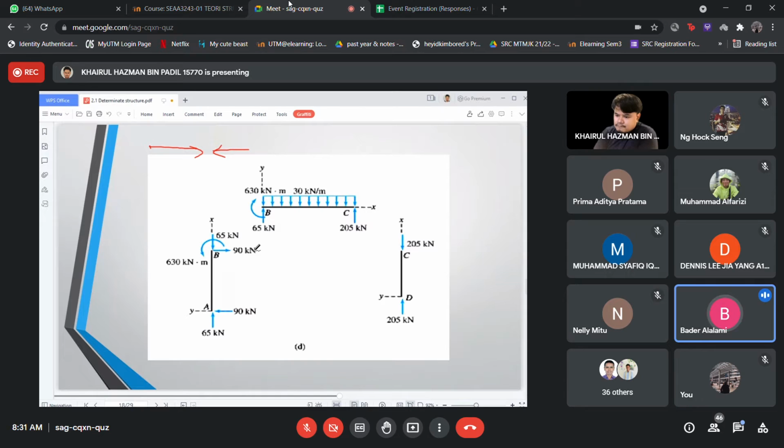So, for example, we have a 90 kilonewton force here. After the first joint, it just disappeared. I think there is a reason, but I just don't know what it is. That's why I'm asking. It's still here, 90 kilonewton. Yes. Okay.